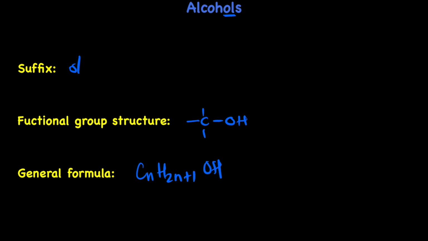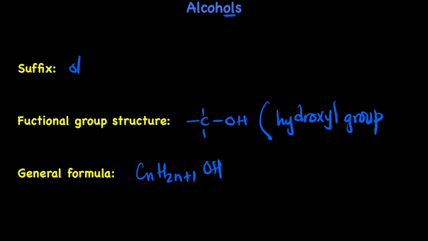It's the same as the haloalkane in this part, but the difference is that in the haloalkane it was an X, and here it's an OH. The name of this functional group is important here, guys. It's called the hydroxyl group.